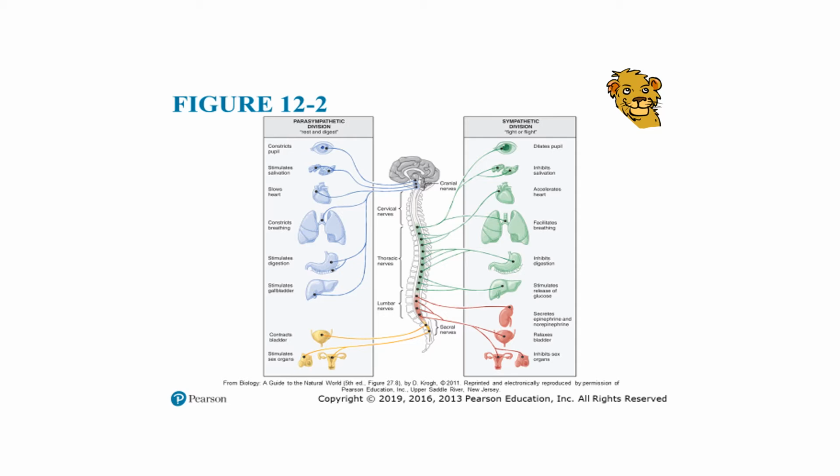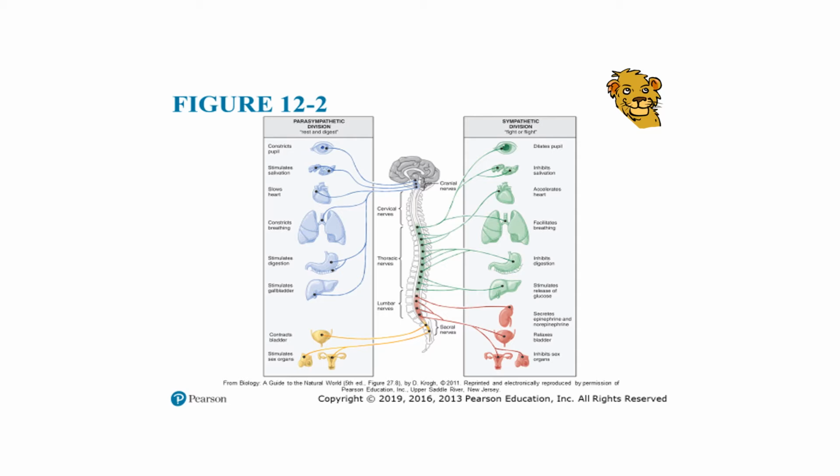So what we're going to do now is go through the parasympathetic and the expected effects if the parasympathetic division is stimulated. And then we'll go to the sympathetic division and what to expect when the sympathetic division is affected. And remember, whenever I say parasympathetic, it means that acetylcholine is the neurotransmitter going from the nerve to the end organ.